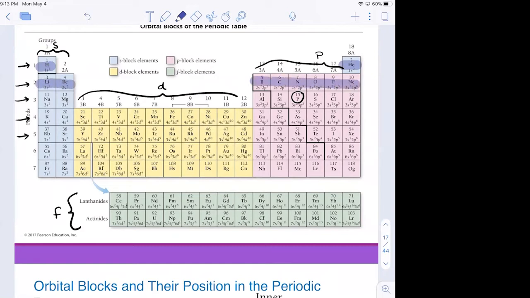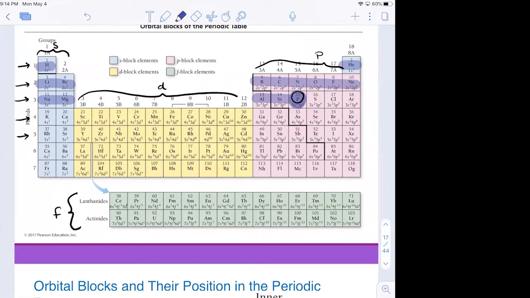Notice there's 1, 2, 3, 4, 5, 6 elements in that pink block and 6 electrons in the p orbitals. 3s2, 3p3. The third one over in the p block is that final electron for phosphorus.